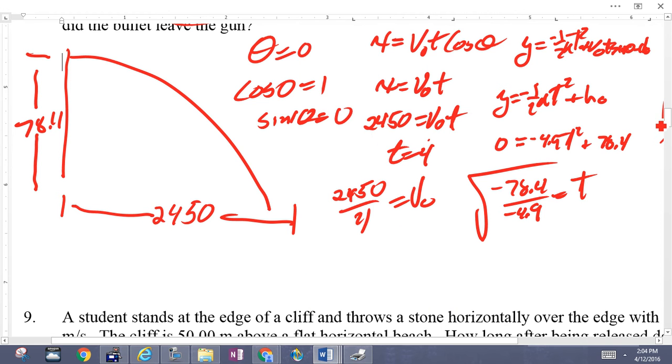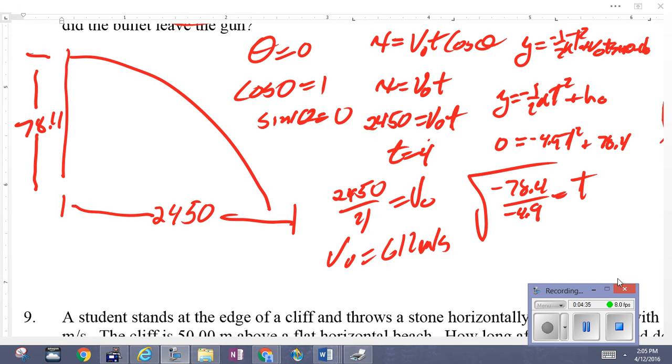It's pretty fast, but that's what I get. Okay, and that's in meters per second, and that's number 8. I'm done.